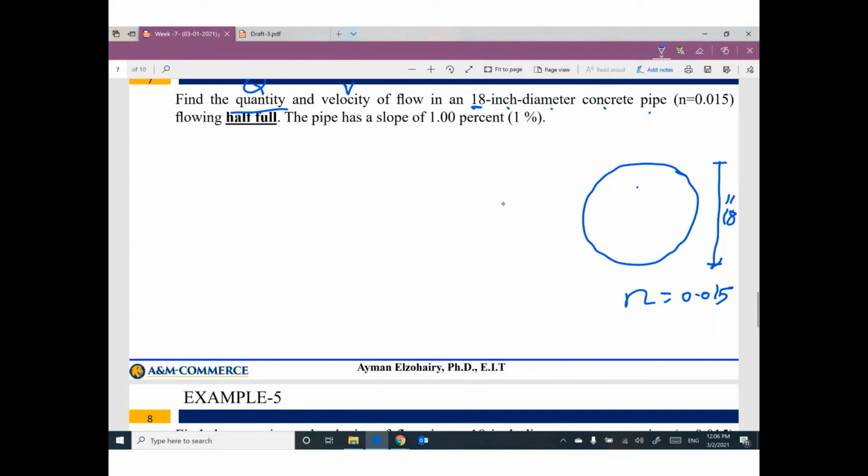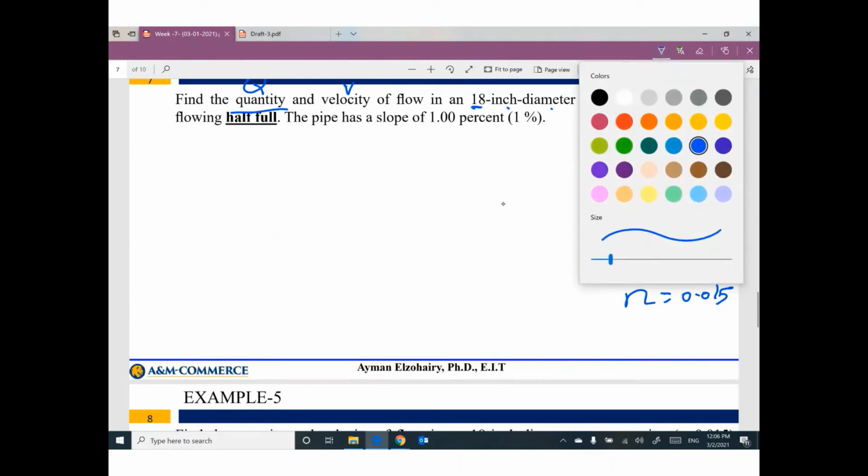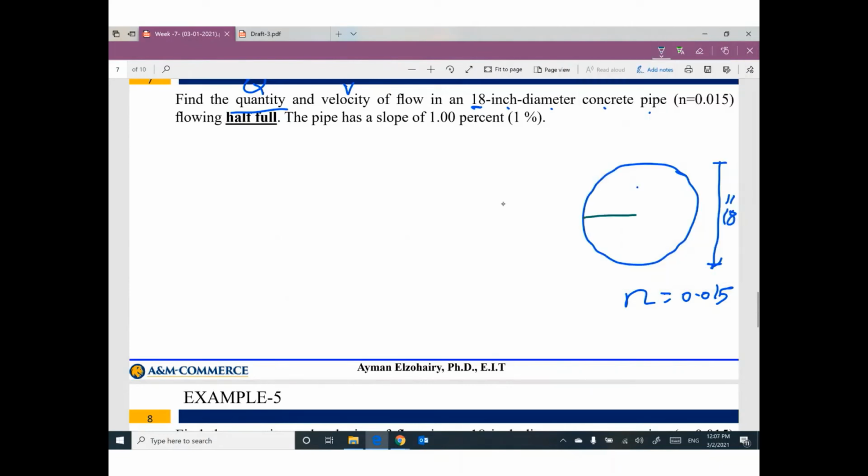Flowing half full. That means the water in this pipe is half full. The pipe has a slope equal 1%. So S equal 1% or 0.01.